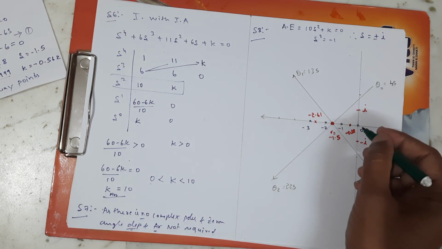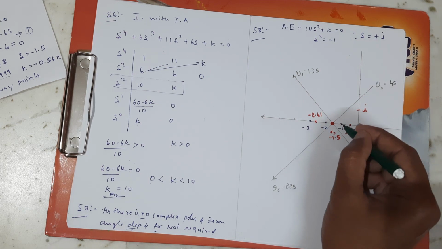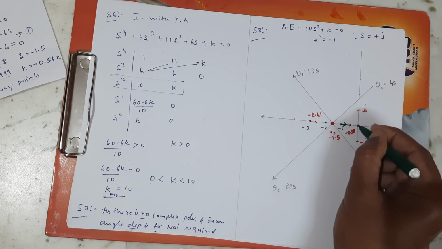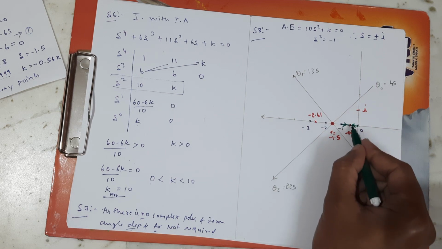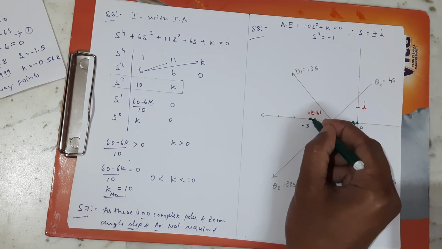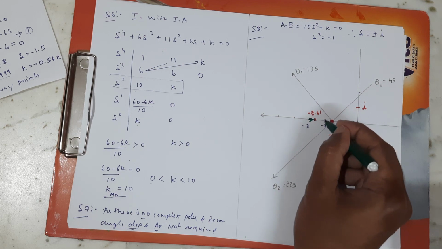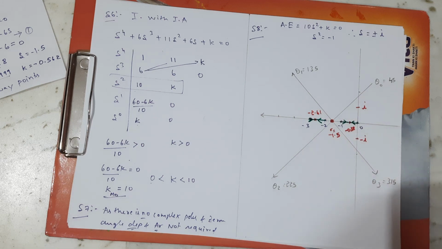So here I am going to vary the value of k from 0 to infinity. Okay. So it will start from -1 and also it starts from 0 and will approach towards the breakaway point. So here also same thing, start from -3 and start from -2, it approaches towards the breakaway point.